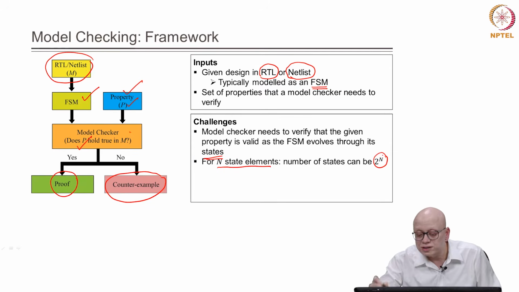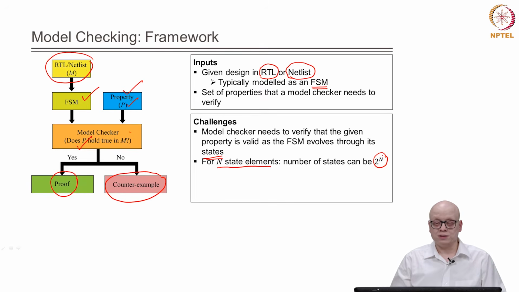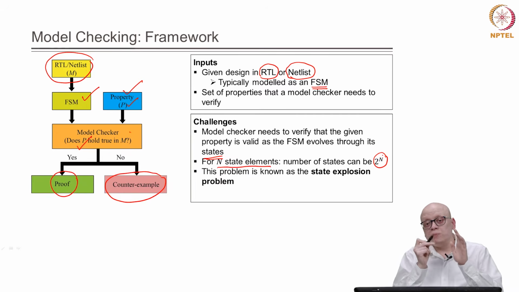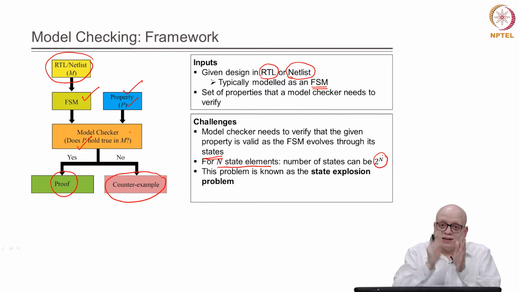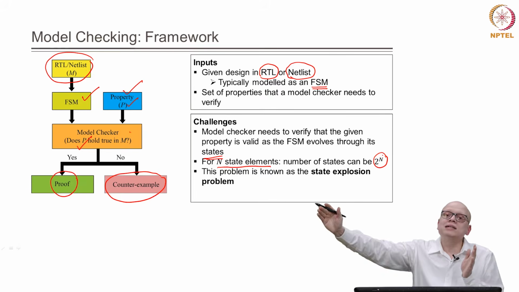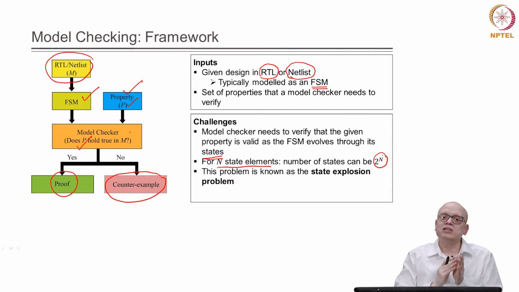It is exponential in the number of state elements, and therefore the model checking tool needs to verify that, given a starting state, the property holds not only for the current state, but for all the states that the finite state machine will go through.